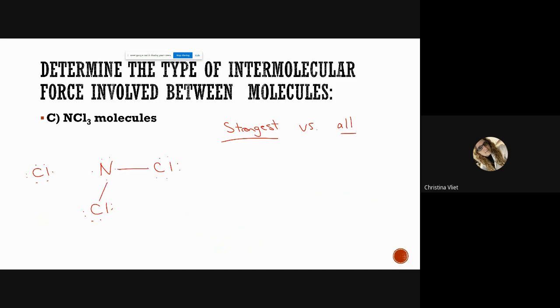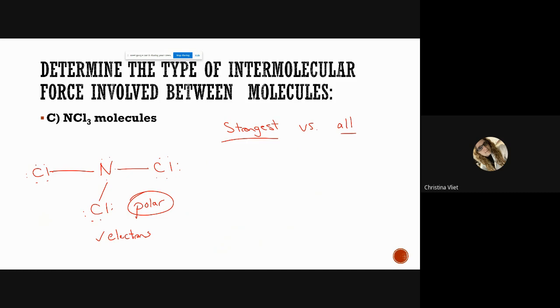Boom, boom, boom. What do we see here? What's the Lewis structure telling us? Polar. Once I know it's polar, does it have electrons? Yes. Okay. That should pretty much always be checked.